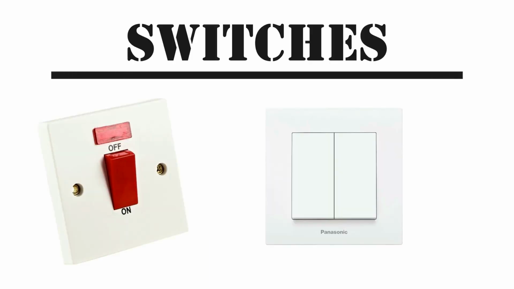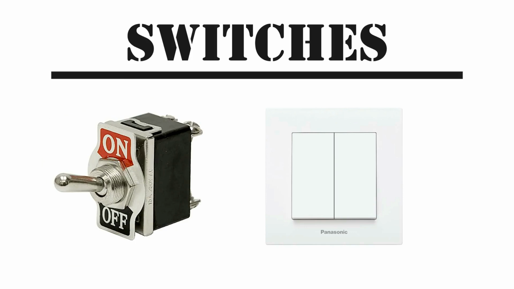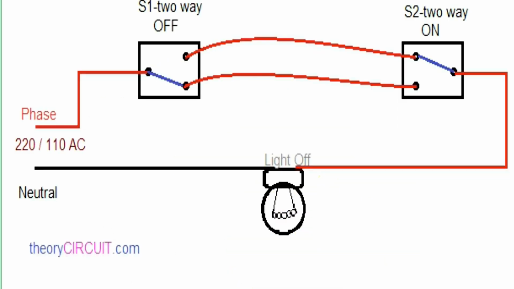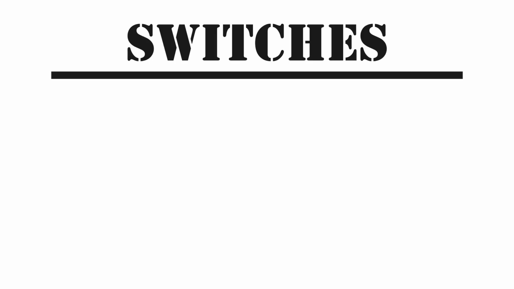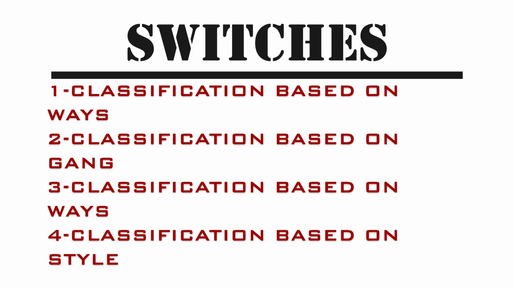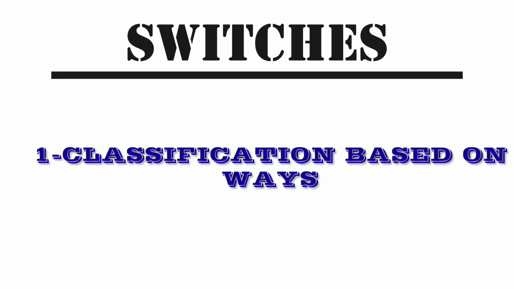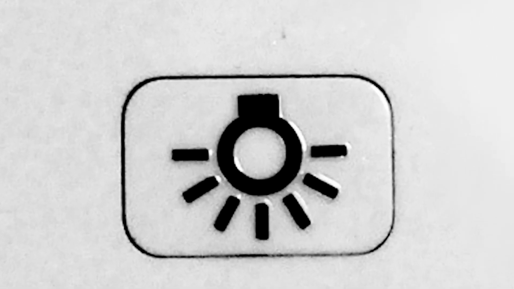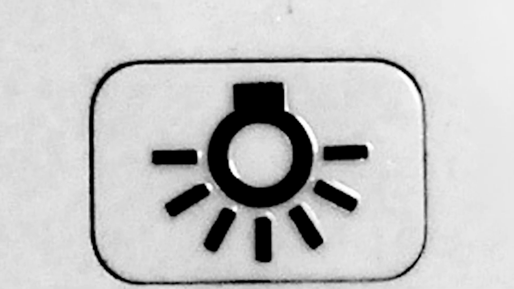As the name implies, switches are devices used in breaking and controlling an electrical circuit. They are majorly used for lighting systems. Switches in building services engineering can be classified in different ways. We can classify them based on ways, where we have a single way switch, which controls only one point at a time.